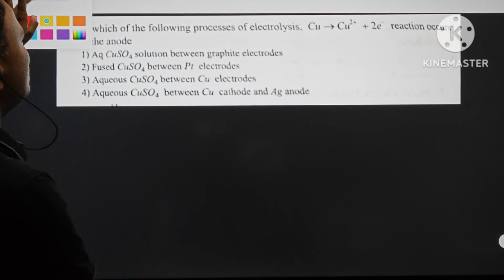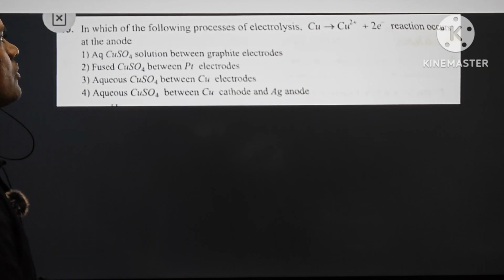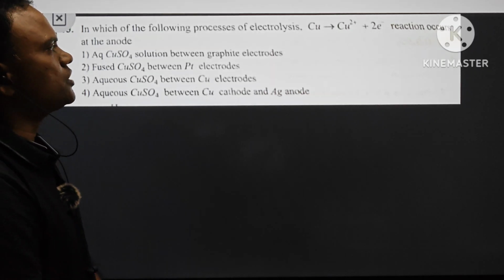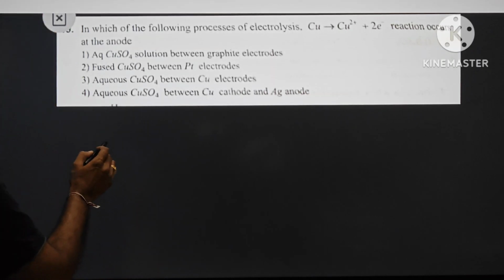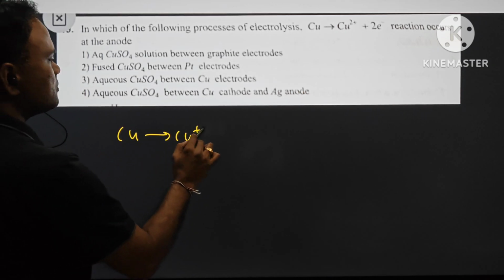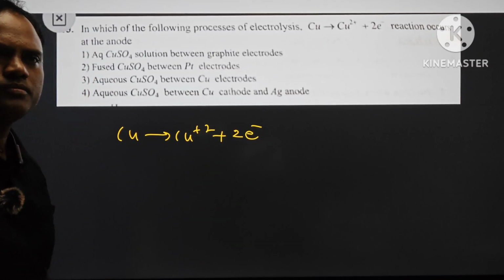Next, in which of the following processes of electrolysis does Cu give rise to Cu2+ plus 2 electrons?